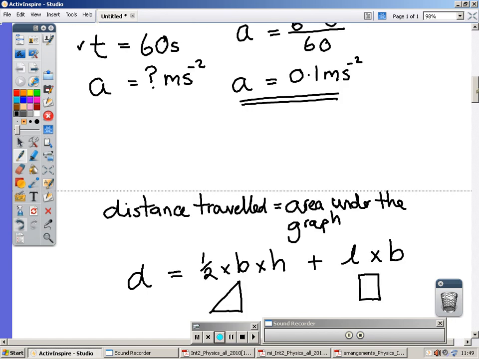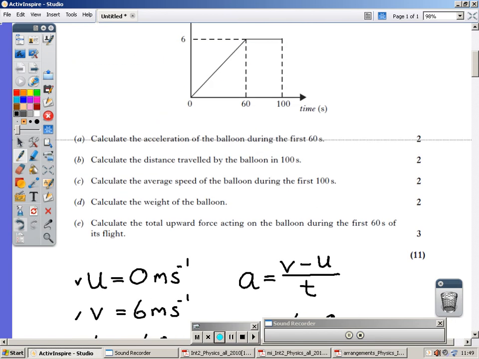So if we go back up and have a look at it, the base of the triangle is going to be 60 and the height will be 6.